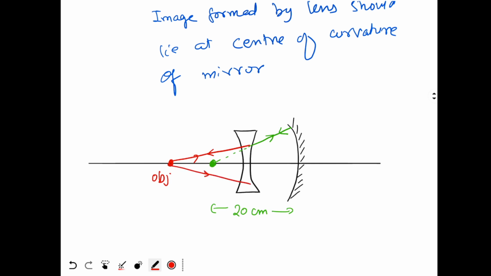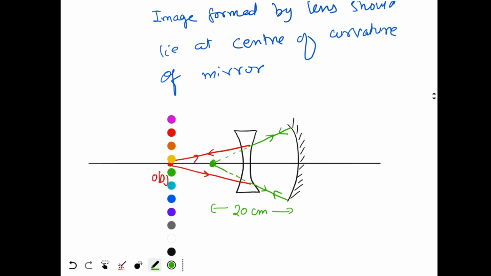Then after passing through the lens, the second ray would be refracted by the lens such that it goes like this. And again since this light ray is coinciding collinear with the center of curvature, it will retrace the path, come back and again meet at the object, right?